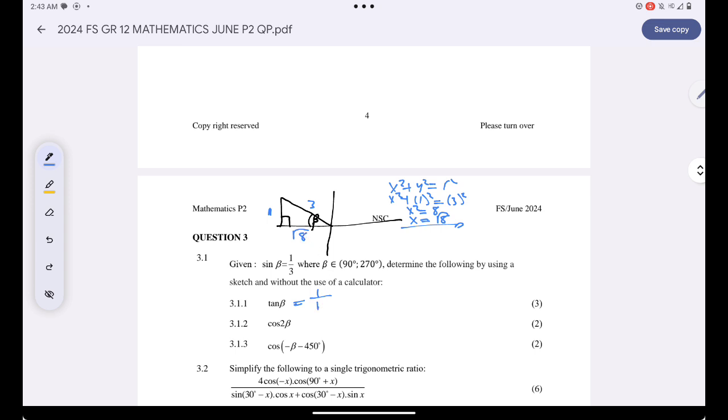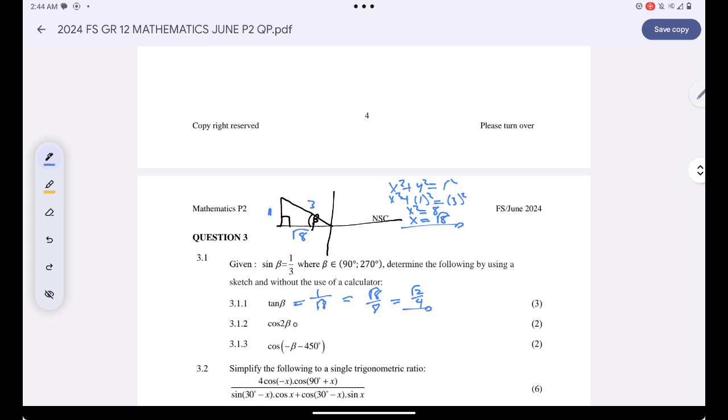So it will be 1 over the square root of 8, and the square root of 8 can be further written as 2 root 2. Whenever I rationalize this, guys, I'll have the square root of 8 over 8. And then the final answer will be root 2 over 4.